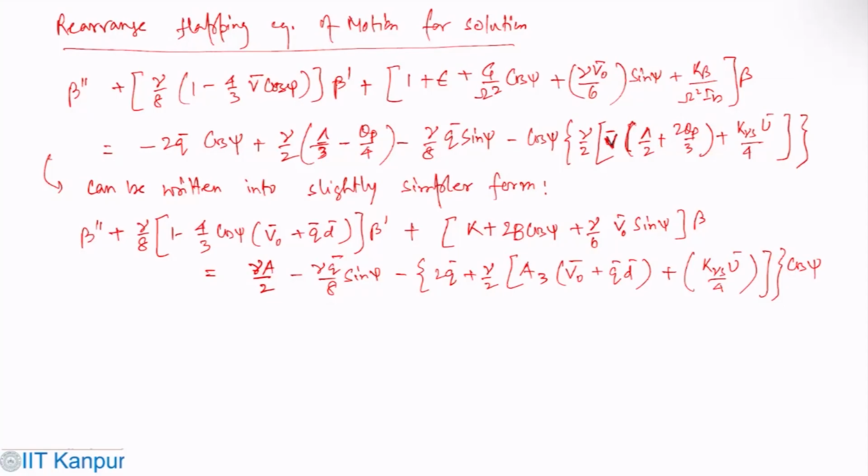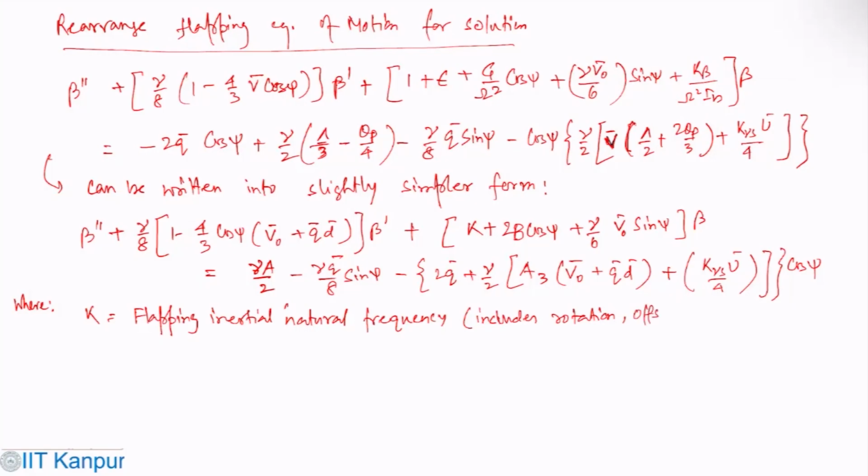where k is the flapping inertial natural frequency, which includes rotation, offset, hinge spring.